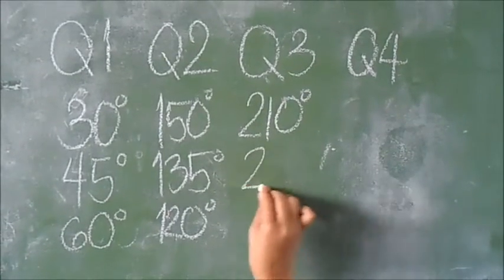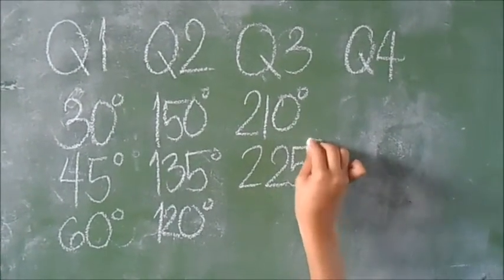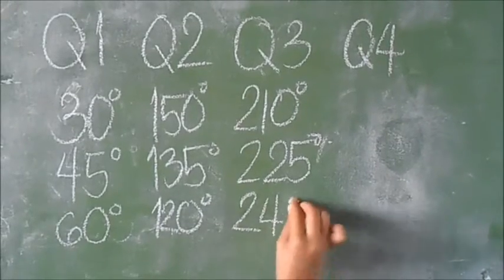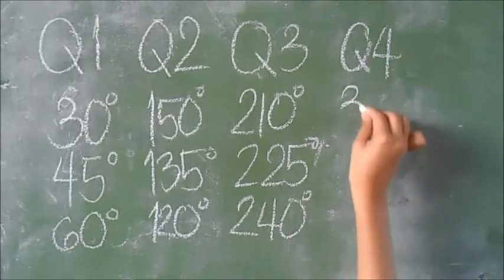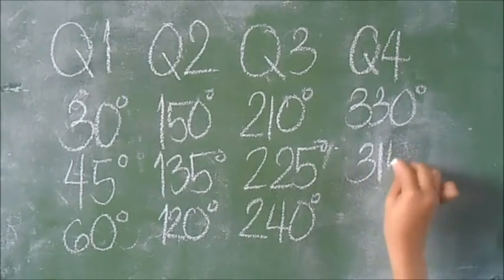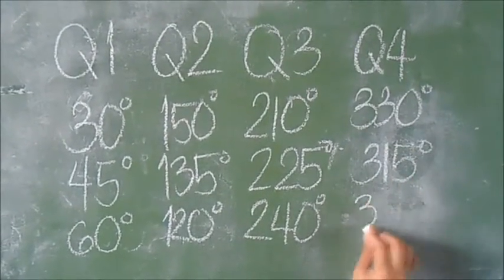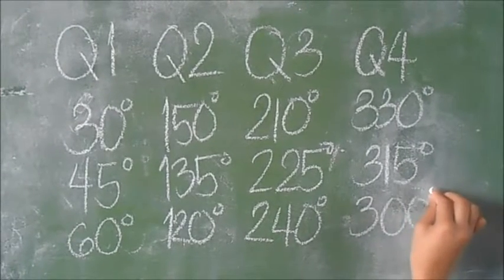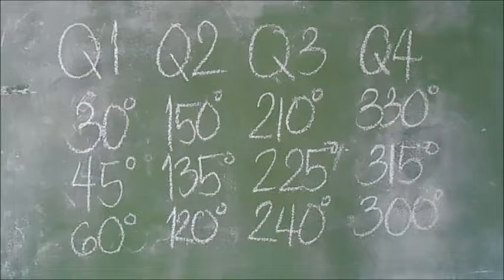For quadrant 3, we have 210 degrees, 225 degrees, and 240 degrees. For quadrant 4, we have 330 degrees, 315 degrees, and 300 degrees.